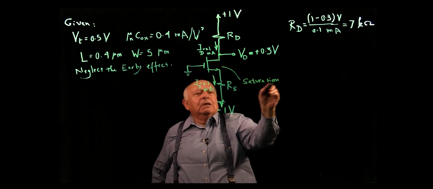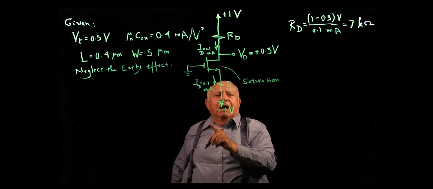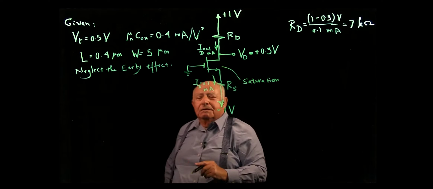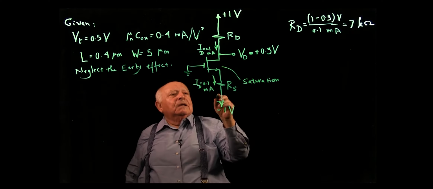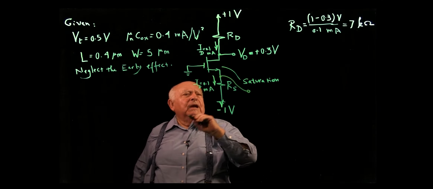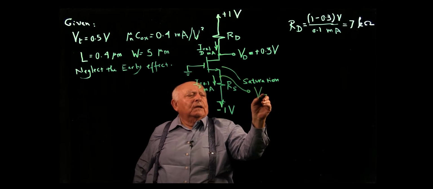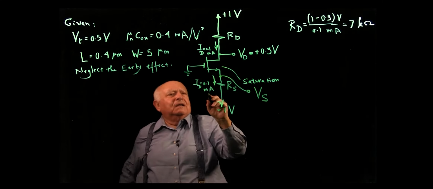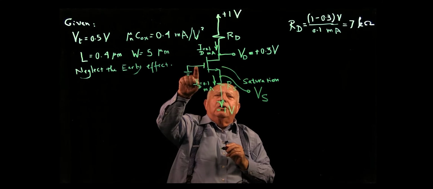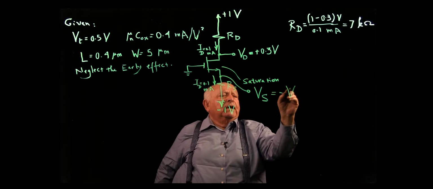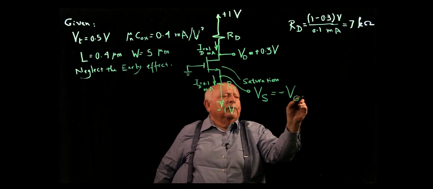Remember that I'm still trying to determine the value of RS that I need. To do that, I will need to find the voltage here. That's VS. With G at 0, VS is minus VGS.